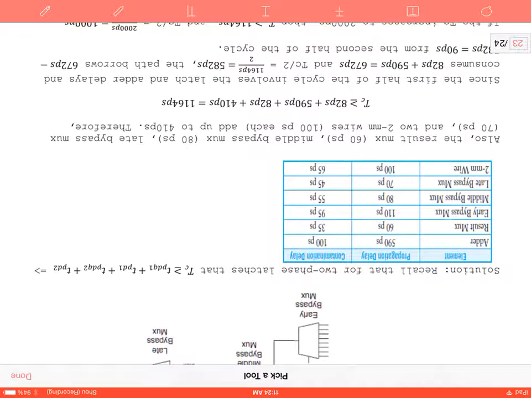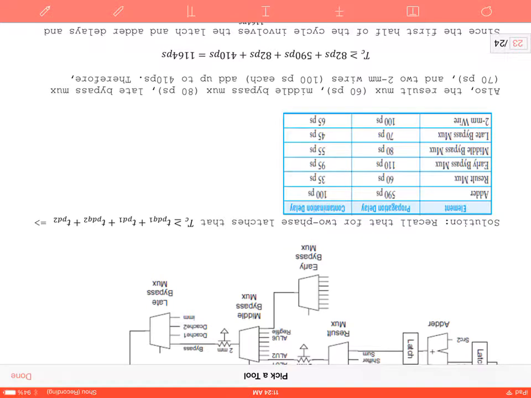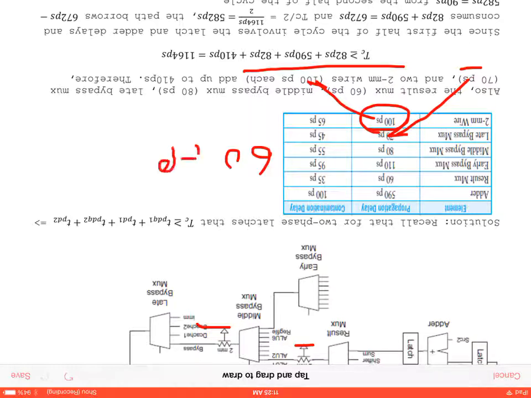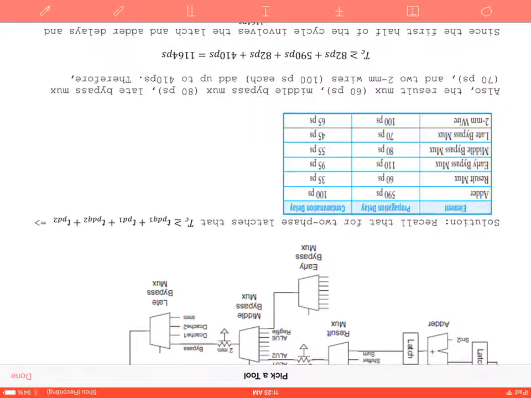And 2 millimeter wires, we have 1 and 2, 100 picoseconds each. So it becomes 60 plus 80 plus 70 plus 200 equals 410. So that's where we get our second propagation delay.